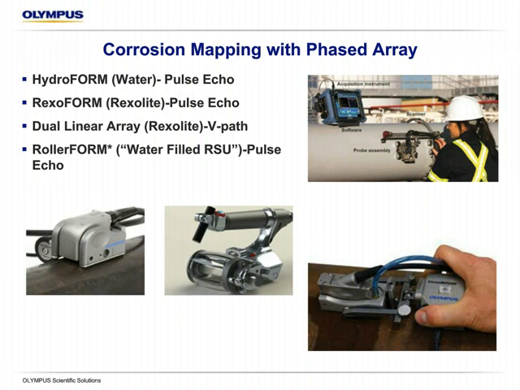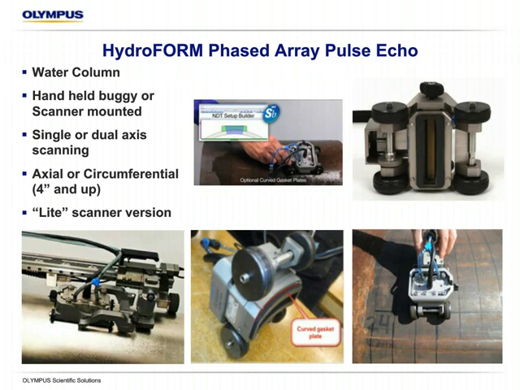Let's talk a little bit more about the Hydroform. It's unique in that it uses water as its coupling method and column. Here it is put into a small hand cart with an encoder in it, or it could be put on a smaller mechanism to go into semi-automated or fully automated scanners.